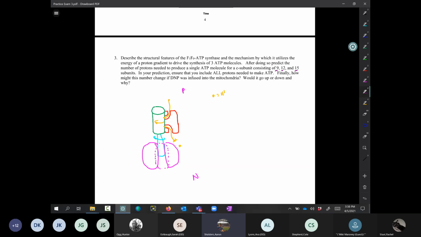Well, 12 subunits means that 12 protons will be moved from the P side to the inside for a 360-degree turn of this C ring. And a 360-degree turn equals the production of 3 ATP.